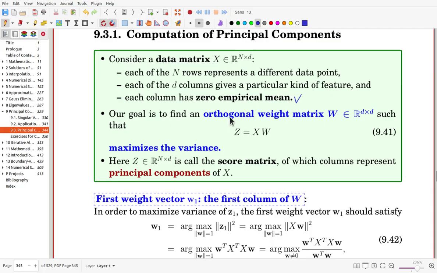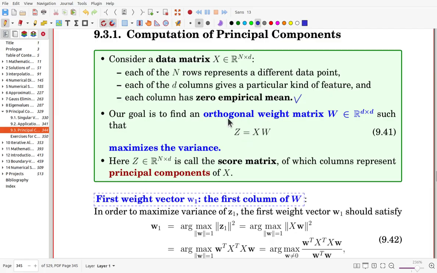Our goal is to find an orthogonal weight matrix W. W is a square matrix such that right multiplication maximizes the variance.